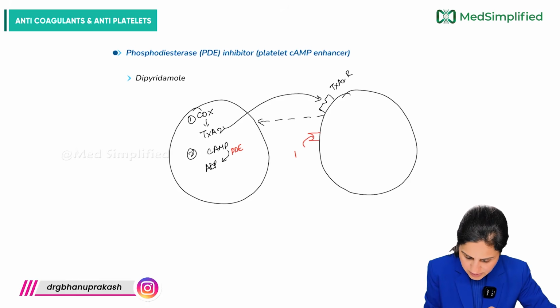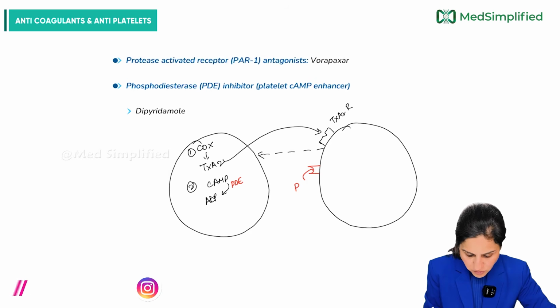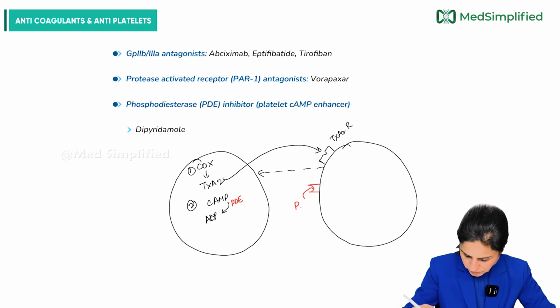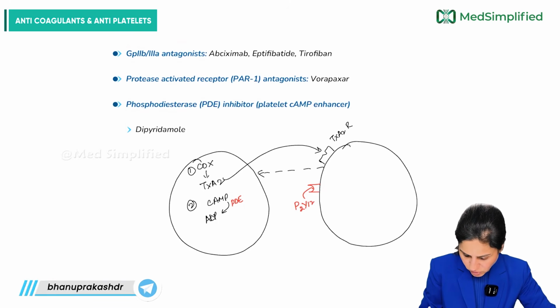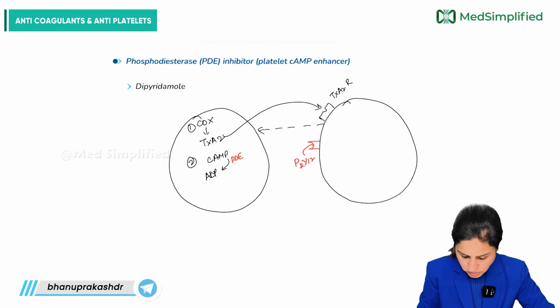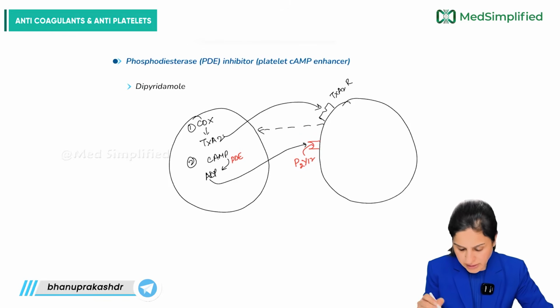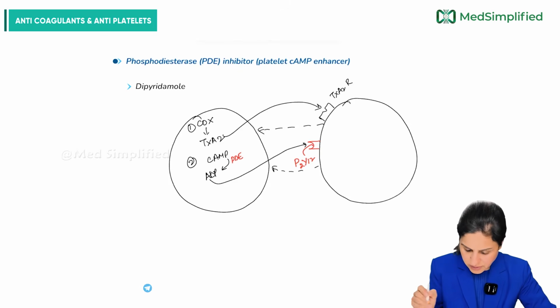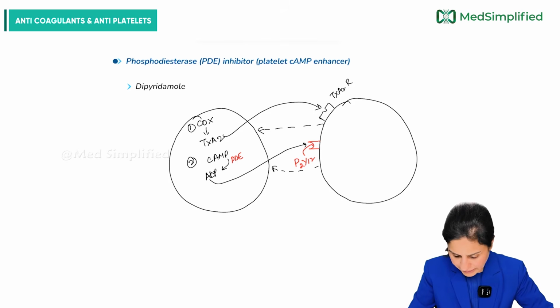This is the receptor on the platelets that we have for the ADP. This is P2Y12. So when ADP is released, it is going to act on this receptor, and again this is going to cause the aggregation of the platelet.